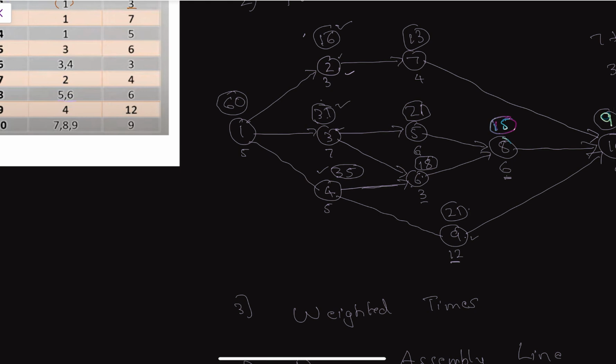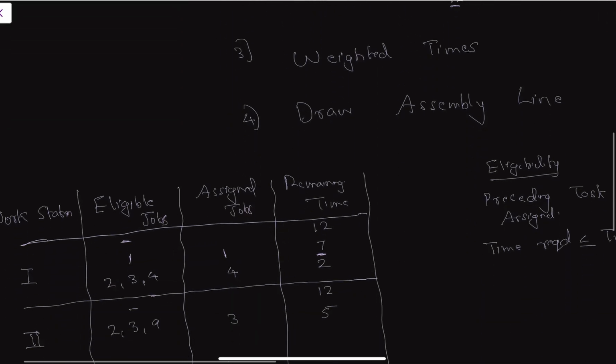For job 5, the duration is 6, so it is eliminated and cannot be selected. 6 can be selected and 2 can be selected. What about 9? Here the duration is 12, which is greater than 5, so it cannot be selected.